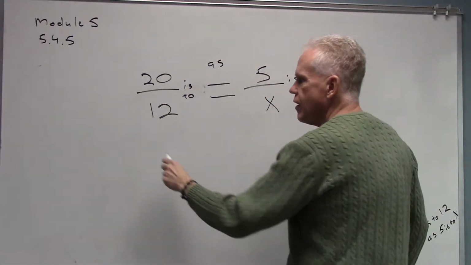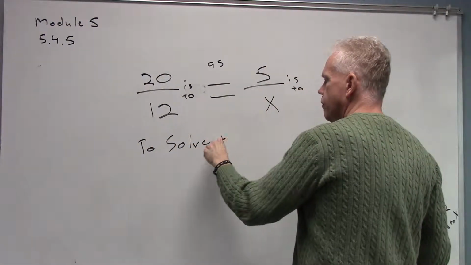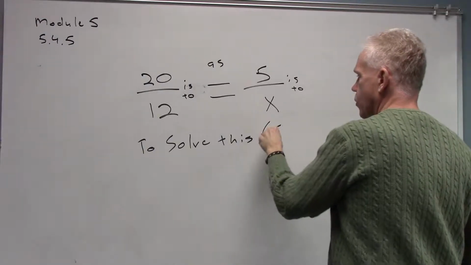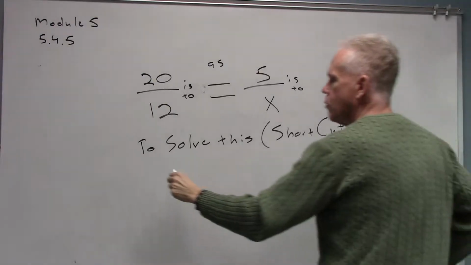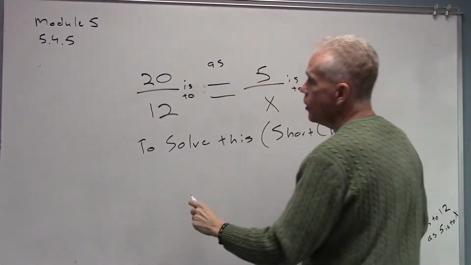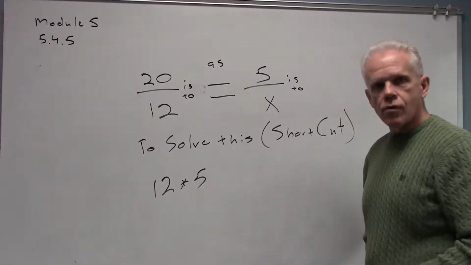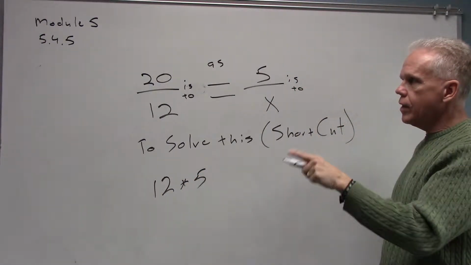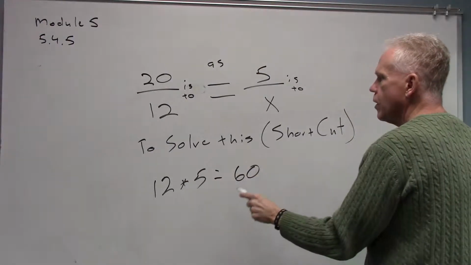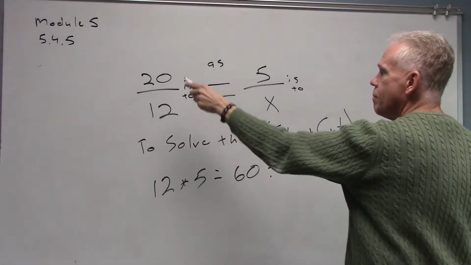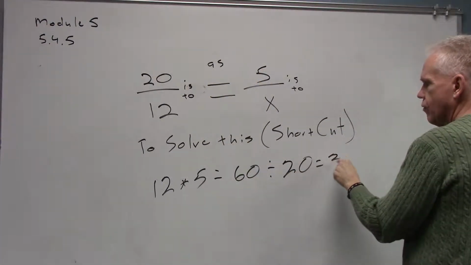To solve this with the shortcut, we start with our cross multiplication, but we won't set up the 20 times x. We just multiply 12 times 5 to get 60, and then divide by the other number that's left, the 20, which equals 3.